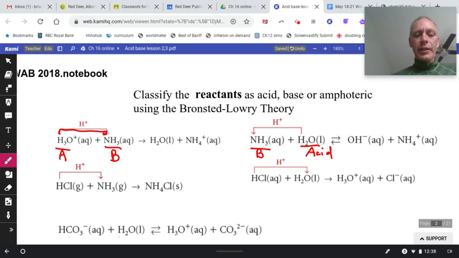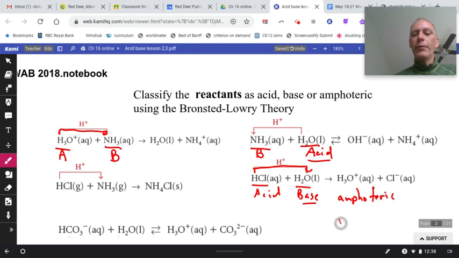And here we have water accepting a proton. So in this example, water is a base. Wow, interesting. And HCl is donating, so it's an acid. So water can be both an acid and a base. In other words, water is amphoteric.